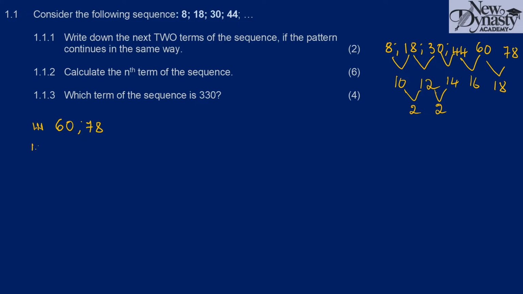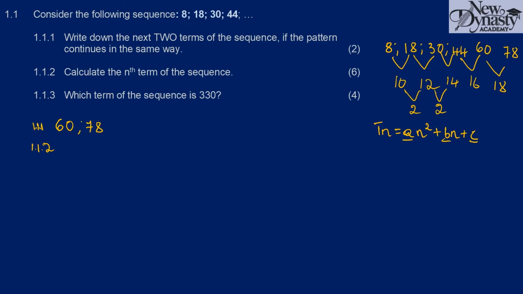Question 1.1.2, it says calculate the nth term of the sequence. We are confident that this is a quadratic sequence, and we know that the general term is given as Tn equals an squared plus bn plus c. So we need to go on and find the values of a, b, and c.